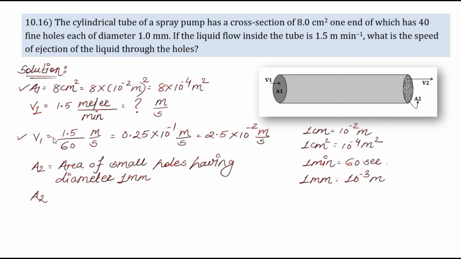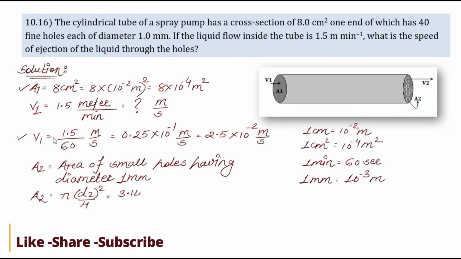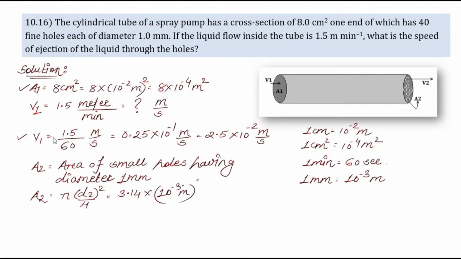So A2 is equal to pi d2 square by 4. Actually it is pi r square and r is d2 by 2, so we take pi d2 square by 4. We will substitute all these values, that pi is 3.14 and d2 is 10 raised to minus 3 meter, with d2 squared, and upon 4 as it is.